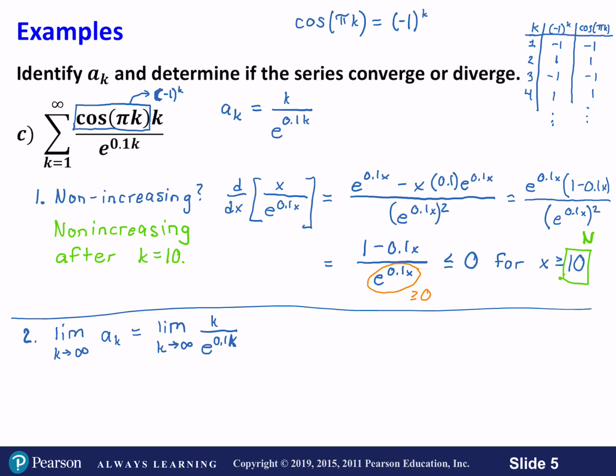There's two different ways you can look at this. You could either do L'Hopital's rule, or you could notice that the growth rate of the top is a polynomial, and the growth rate of the bottom is an exponential. Either way, you're going to get that this thing is equal to 0, because k grows a lot slower than e to the 0.1k.